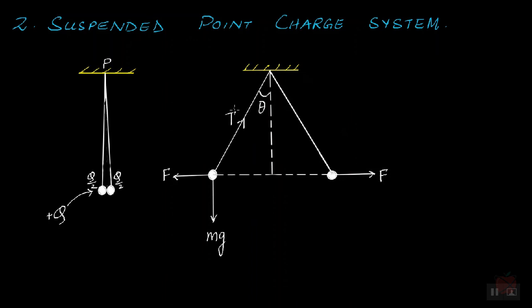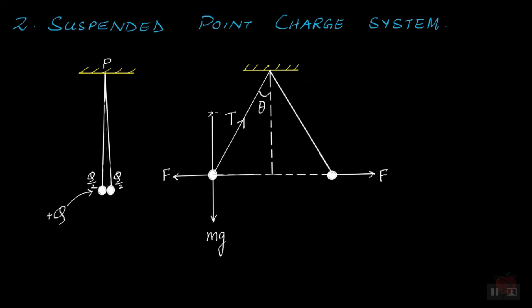The easiest method is for us to resolve the tension. Resolving the tension means we resolve it into its rectangular components, the sine component and the cos component. Resolving the tension, we get one component in that direction and another component in that direction.